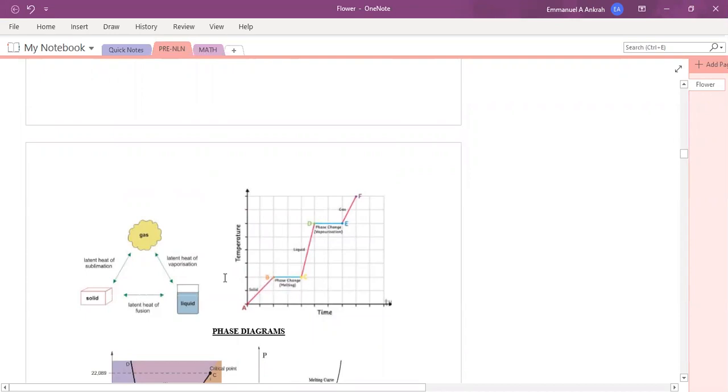So latent heat of sublimation, if it's changing from solid to gas, can also occur there. You have latent heat of vaporization, and then you have latent heat of fusion. The summary of what I've said so far: hidden energy, so the temperature doesn't increase in those phases.